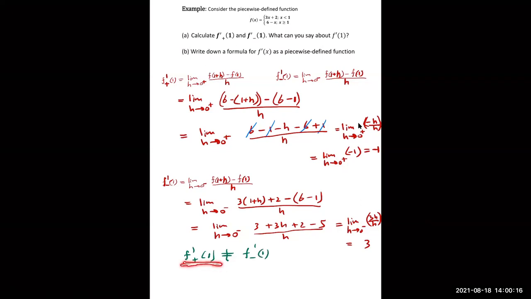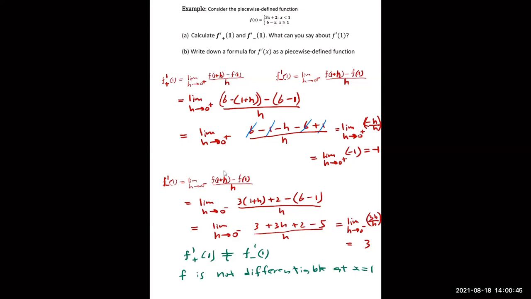Your right derivative at 1 is different from the left derivative at x equals 1. So the derivative at x equals 1 is not defined in this case. Or in other words, f is not differentiable at x equals 1. That's the conclusion. Okay.